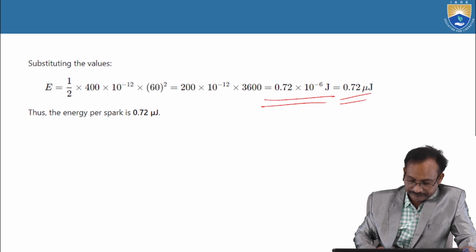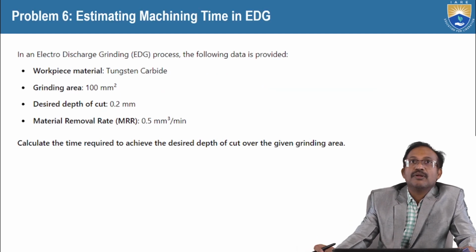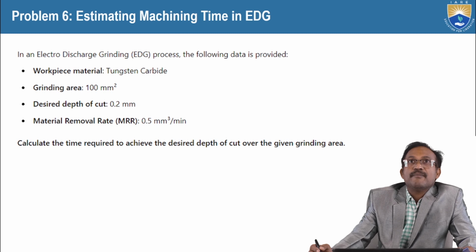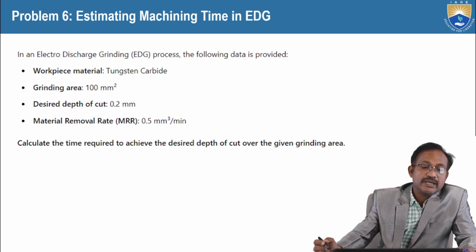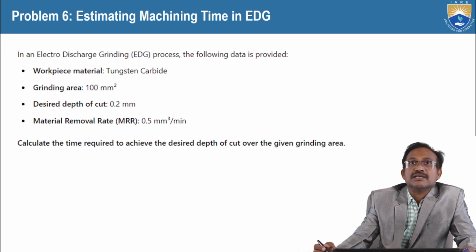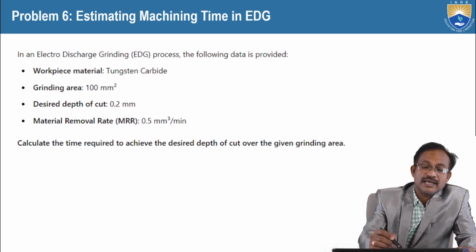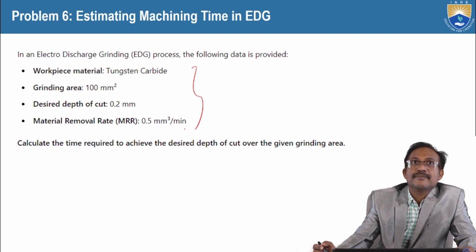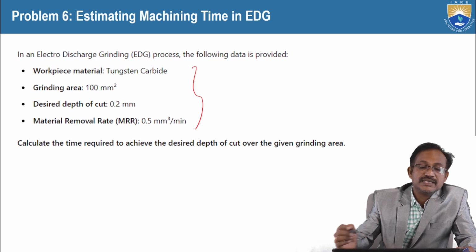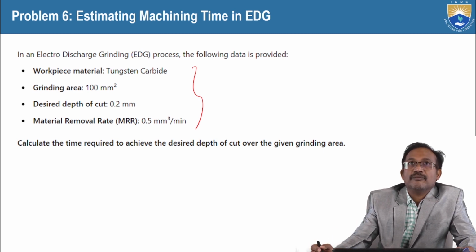Right. Now problem number 6. Estimating machining time in electro discharge grinding. In an electro discharge grinding process, the following data is provided. Workpiece material is given, tungsten carbide.